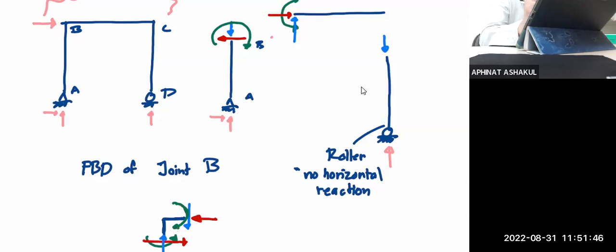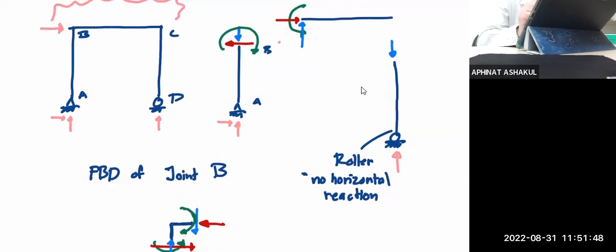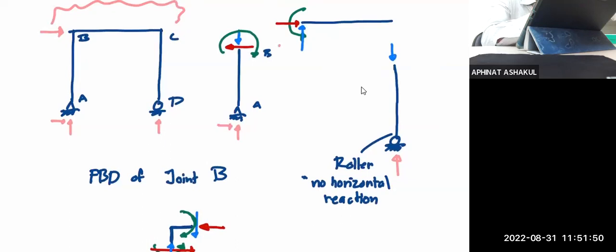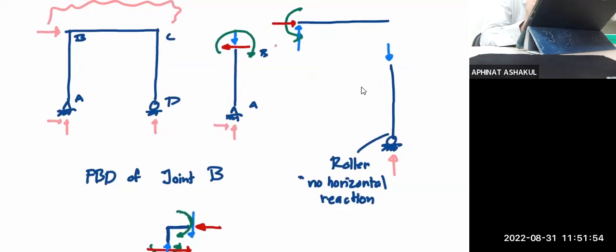Clockwise, counterclockwise. Here the arrow is not very clear. Right? Clockwise, counterclockwise, going to the left, going to the right, going down, going up.